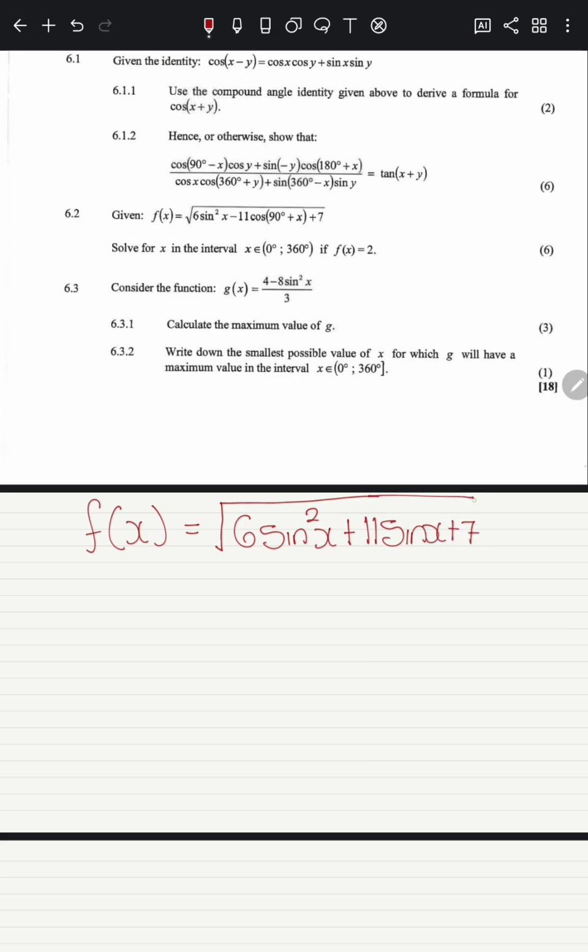By the way, they say that this thing is equal to 2. So now I'm going to equate it to 2. Then it's going to be 6 sine squared x plus 11 sine x plus 7. Then I'm going to change that root into 1 over 2.